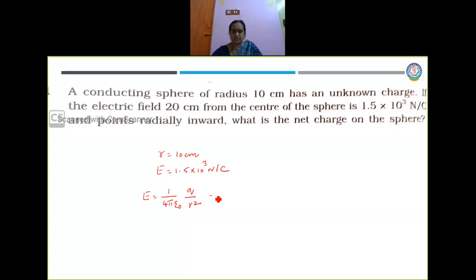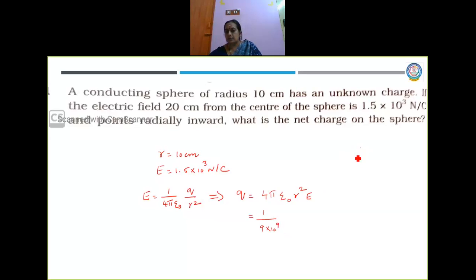So let me rearrange this formula. I wanted to have the value for Q, right? So Q is 4 pi epsilon naught R square into E, right? Actually 1 by 4 pi epsilon naught is 9 into 10 power 9. I want 4 pi epsilon naught, so the value will be 1 by 9 into 10 power 9, right?